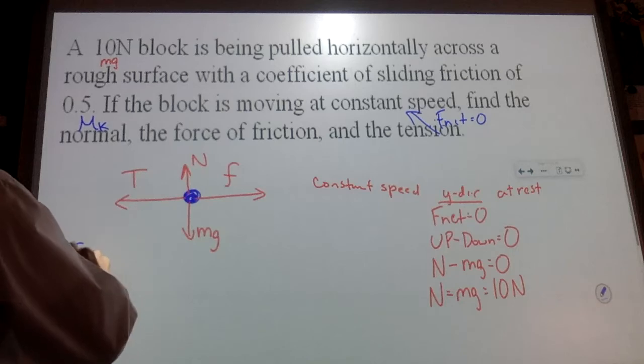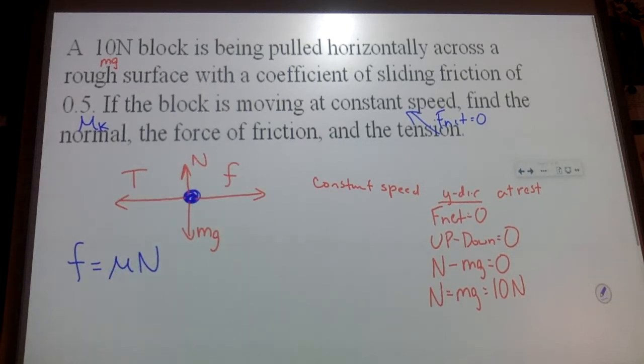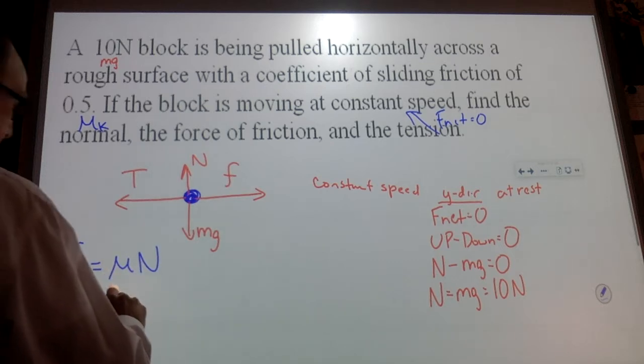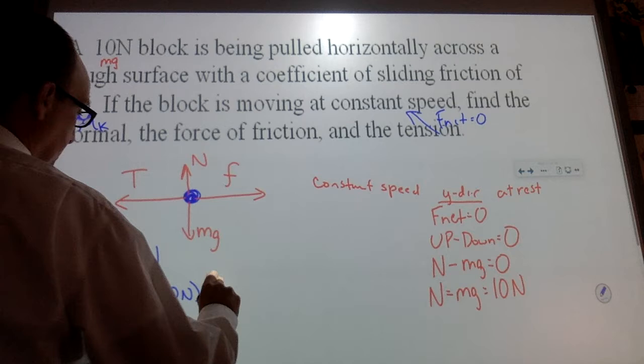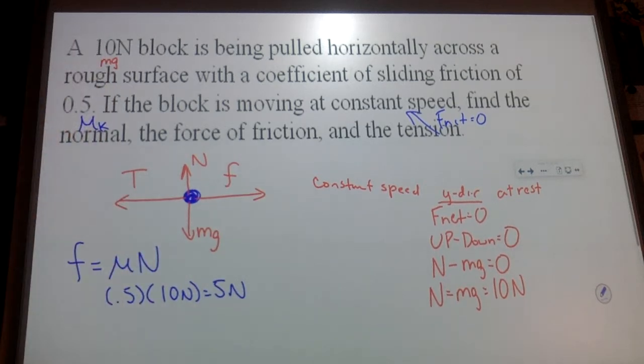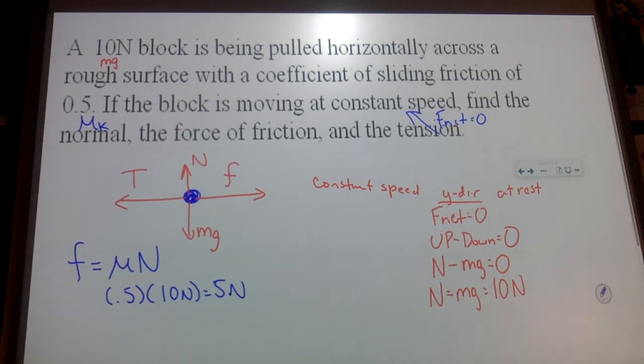And so I know that the force of friction is going to be equal to mu N. So this is 0.5 times 10 newtons, or 5 newtons. Again, no units because it is a ratio, like pi. It's a ratio of two different forces: the force of how hard it is to lift something and how hard it is to drag something.